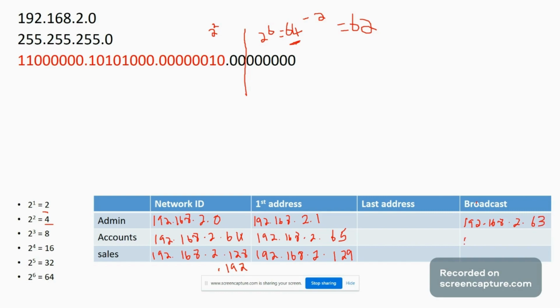And this will be 192.168.2.127, which is 128 minus 1. And this one will be 192.168.2.191, which is the next subnet minus 1. The last address, again, you just take 1 away from the broadcast address.